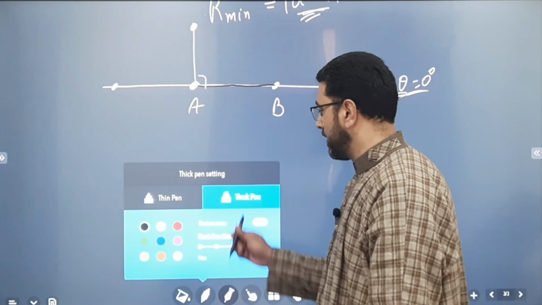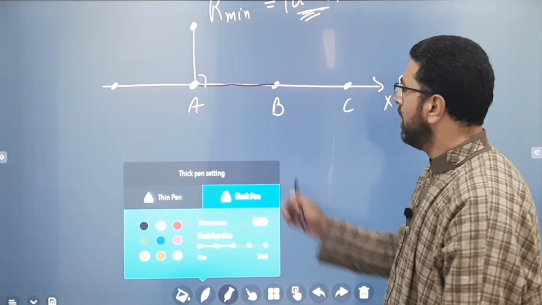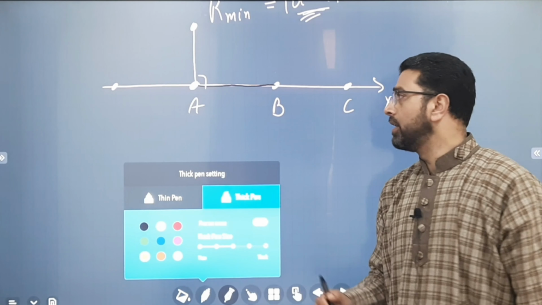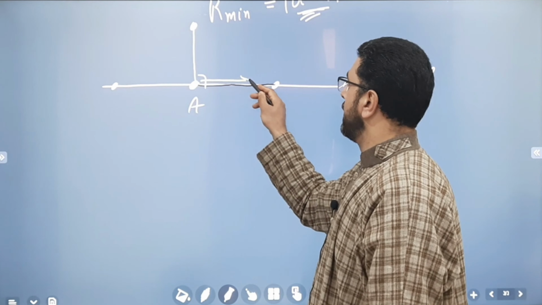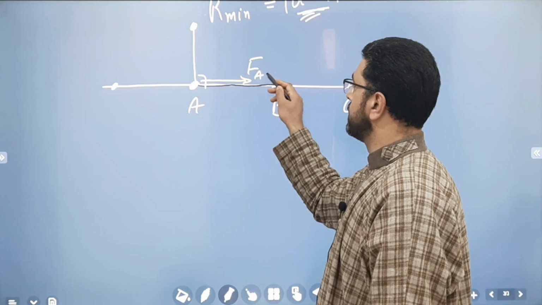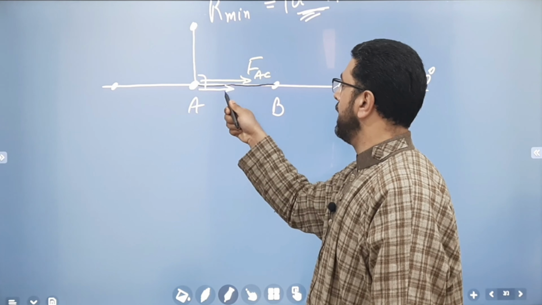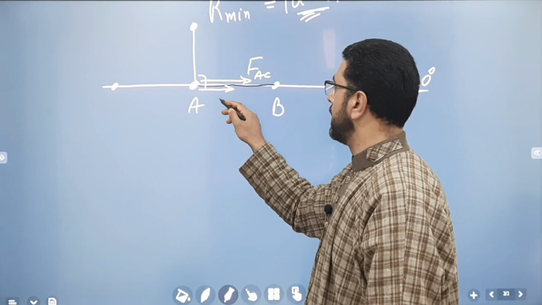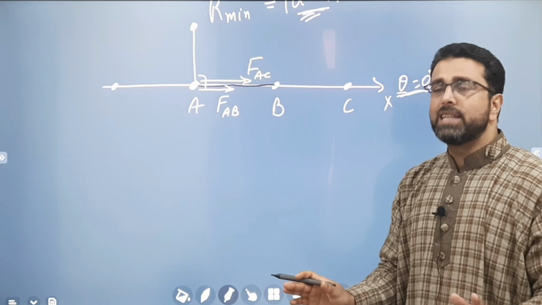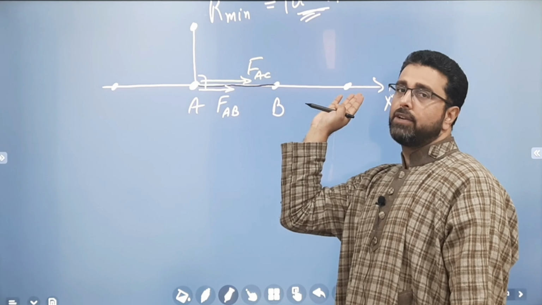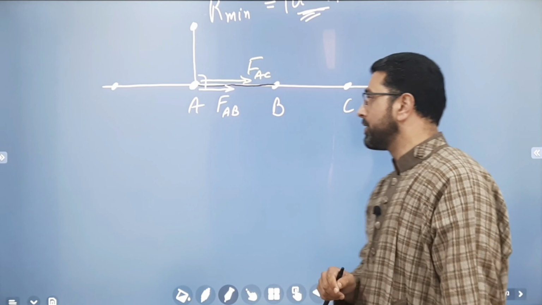I'll take rightward. So force on A from C is this way, and force on A from B is also rightward. They have to be in the same direction. You take them in rightward direction or you take both of them in leftward direction. It won't matter.